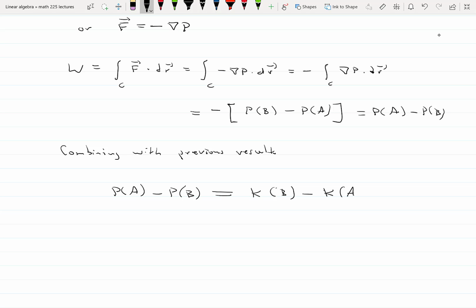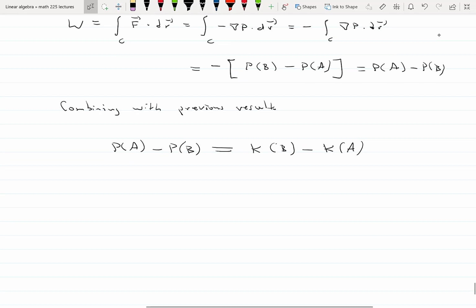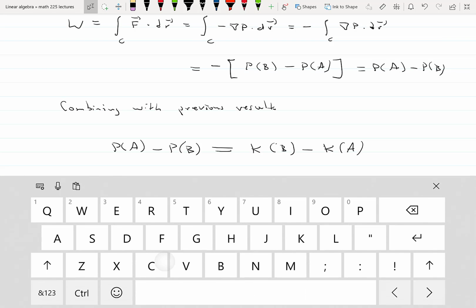We're almost there, folks. We're going to end this with a powerful statement that a lot of you already know, but I just proved it for you here. Okay, so now let's get the potential and kinetic energies at A on one side, potential and kinetic energies at B on the other side.